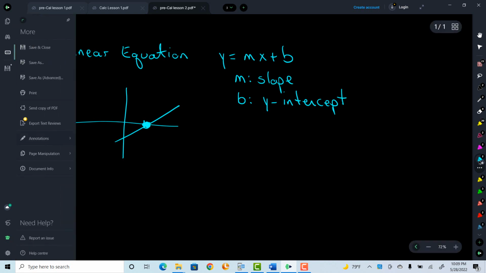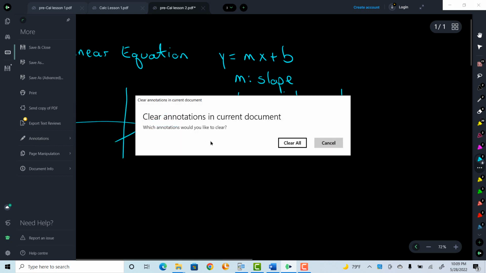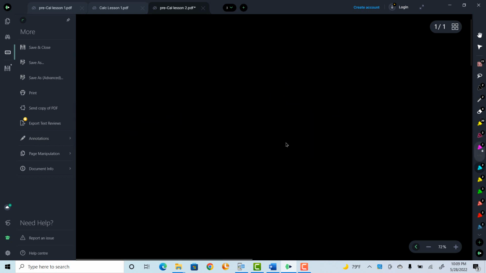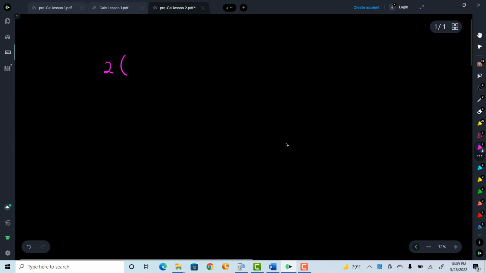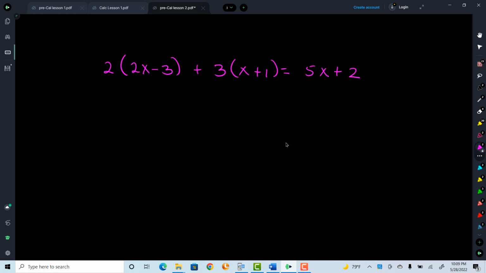So let me just clear this screen. All right, so let's look at 2 times 2x minus 3 plus 3 times x plus 1 equals 5x plus 2. Now, in order to solve this equation, I have to combine my like terms.